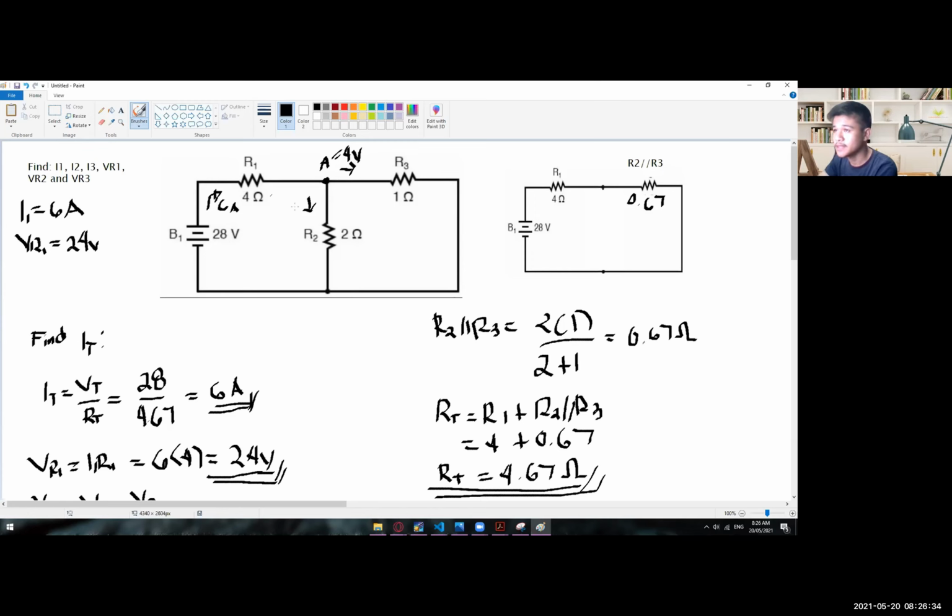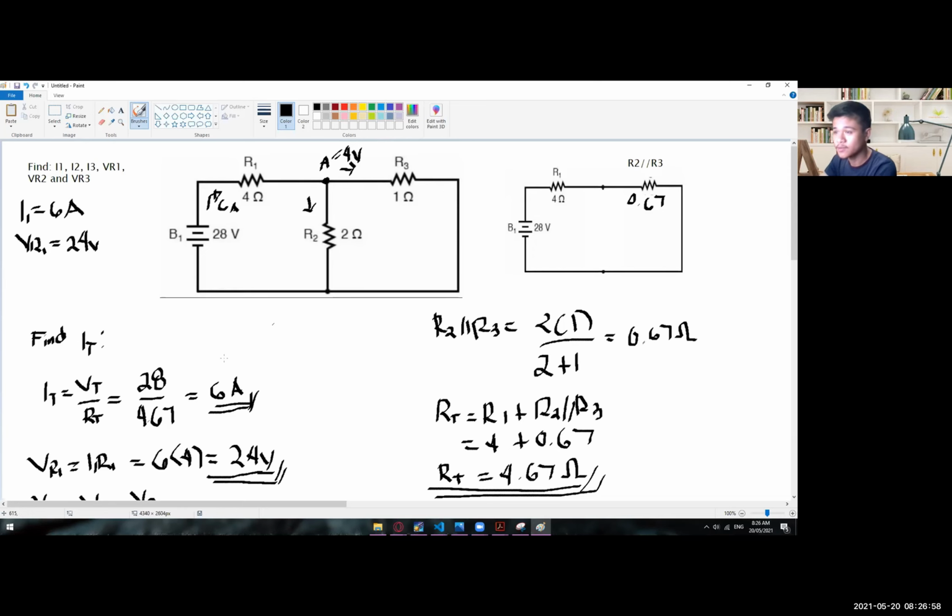So we already know that some voltage will go here, some voltage will go here. But if you guys are going to take a look at this one, they are actually in parallel. Again, in parallel, whatever is the voltage that is passing through here is the same or equal with the voltage that is passing through here, as long as they are in parallel with each other.